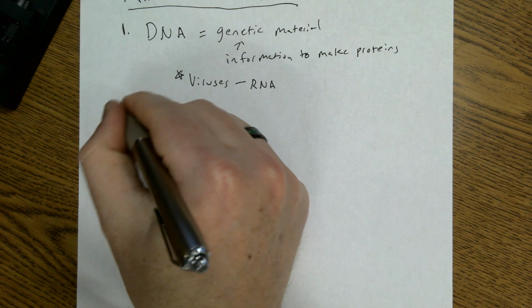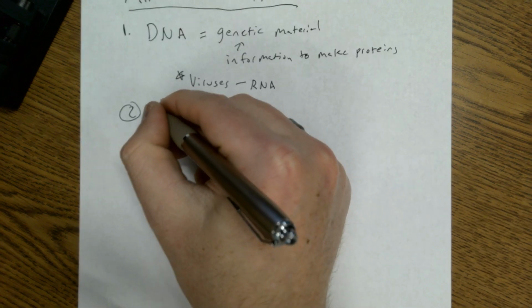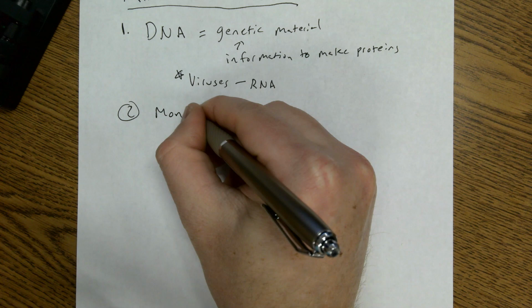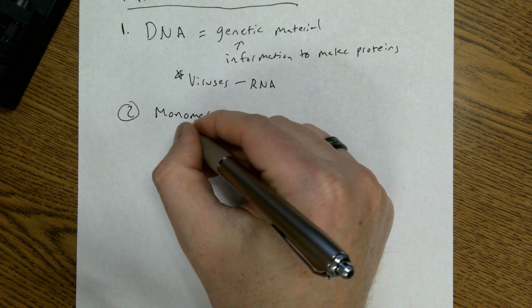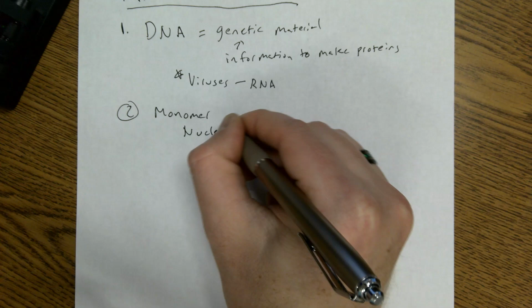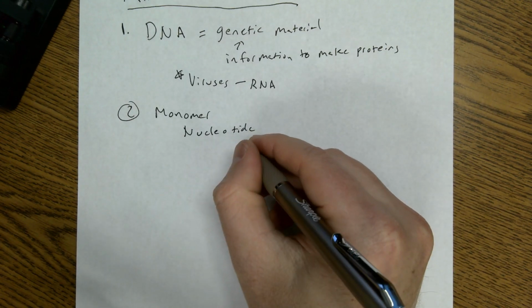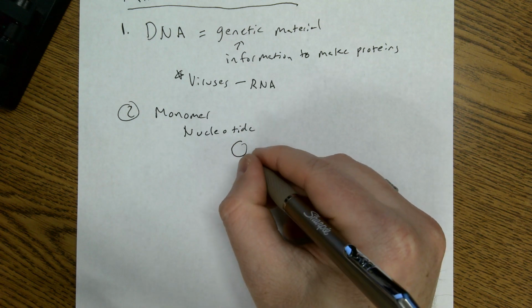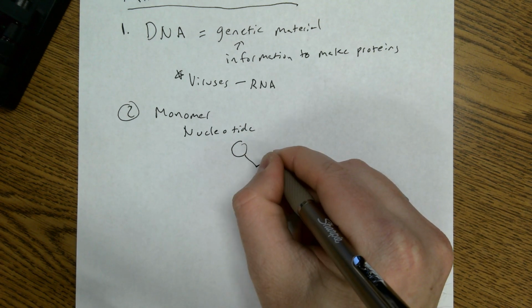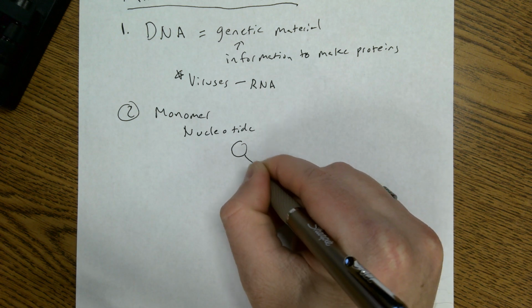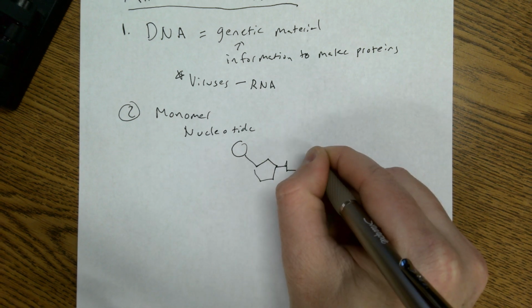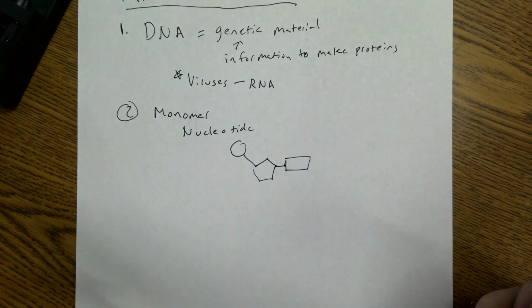Standard 2 is, well, what is DNA made out of? So our monomer, or our single part, is called a nucleotide. Our nucleotide is a little fancier than some of the other ones we've learned. It has 3 pieces. It has a circle, a pentagon, and a rectangle, and each of these makes up one nucleotide.